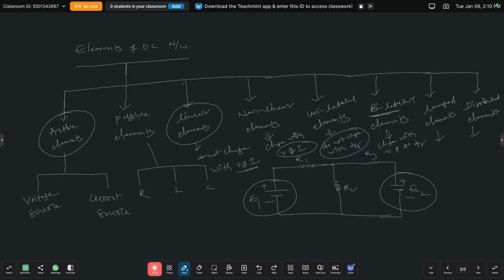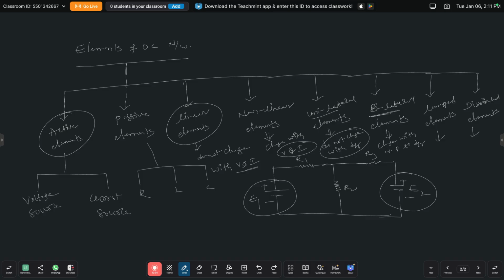Unilateral elements do not change with direction, and bilateral elements change with respect to direction. Lumped elements are those where physical separation is possible, and distributed elements are those where it is not. So these are the different types of elements of a DC network.